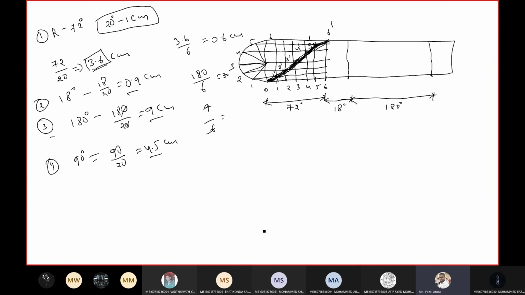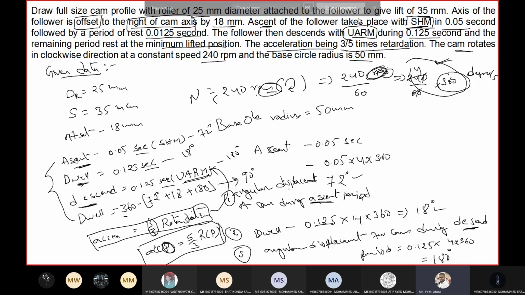See here, for every cam rotation, in every stage, there is one rising and again one falling period. Particularly the problem mentions uniform acceleration and retardation, so there are two periods.